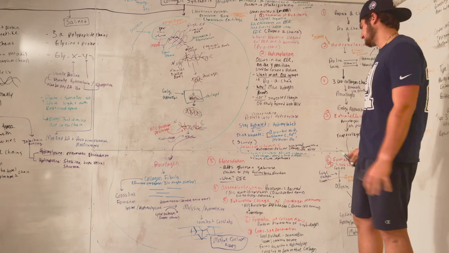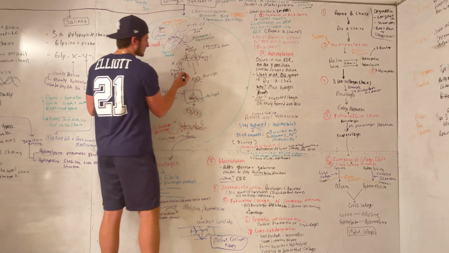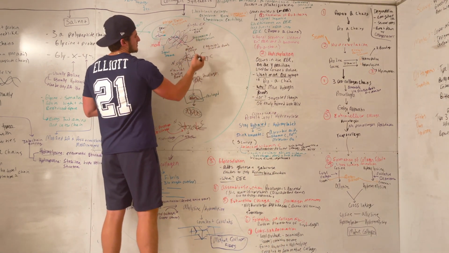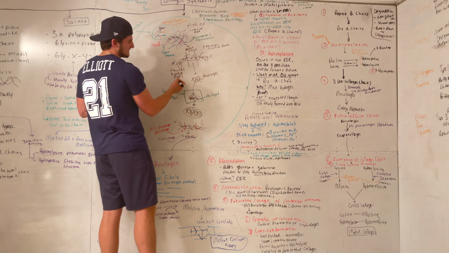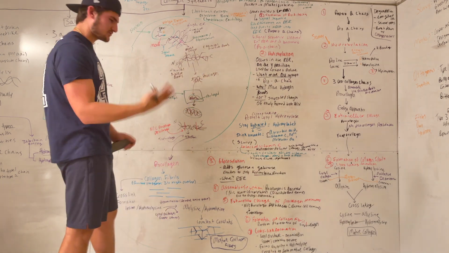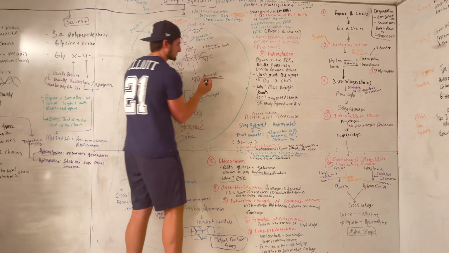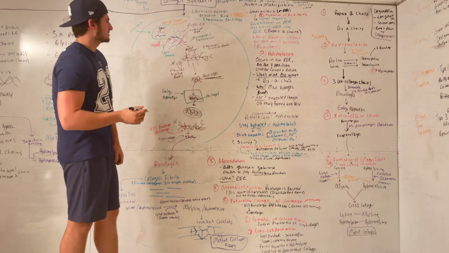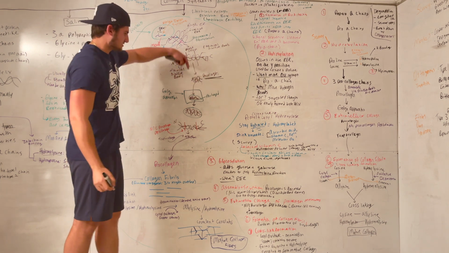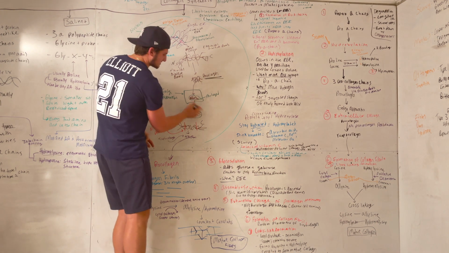What is extracellular cleavage of pro-collagen? Okay, so after the protein undergoes the N-terminal and C-terminal addition, right? This is step 4. After it undergoes step 4, it becomes pro-collagen. Now that pro-collagen is going to go into the Golgi apparatus, and it's going to get packaged in a vesicle.